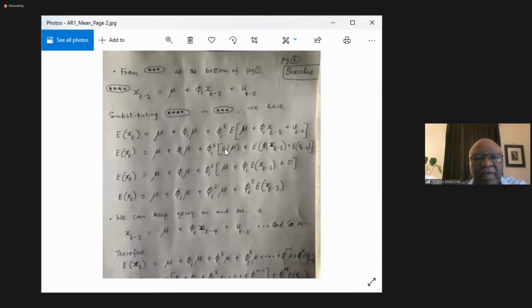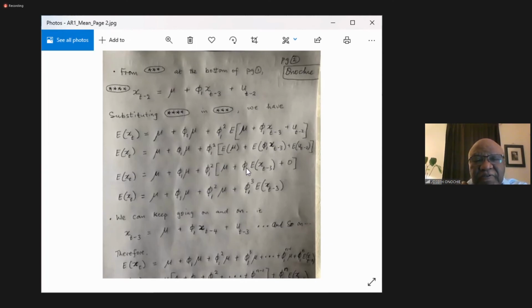The expected value of a constant is a constant. The expected value of a constant times a variable is that constant times the expected value of the variable. Because this is a white noise process, the expected value of u_{t-3} is 0. So what do I do? I expand this. So this is the same plus phi1 squared mu, this one.